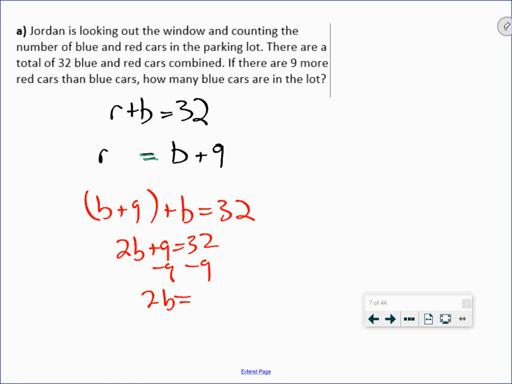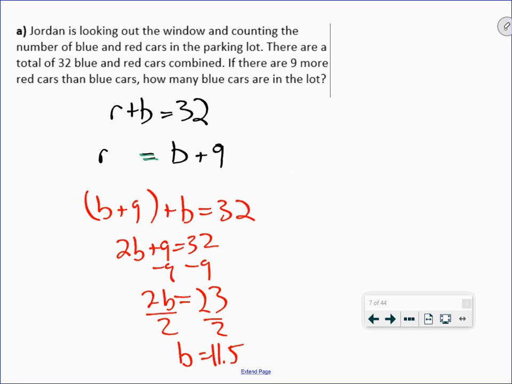Hold on one second. I need to grab my calculator to make sure I didn't make a mistake here. 32 minus 9 is 23. Sorry about that. If I divide both sides by 2, I'll get b equals 11.5.